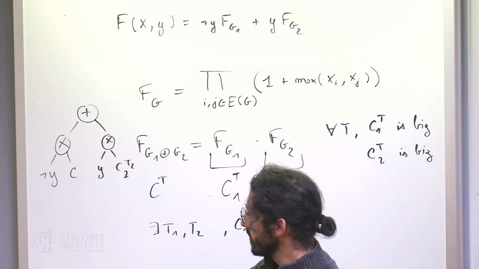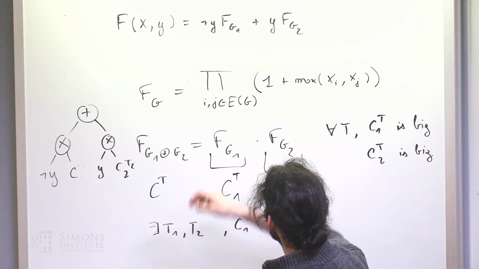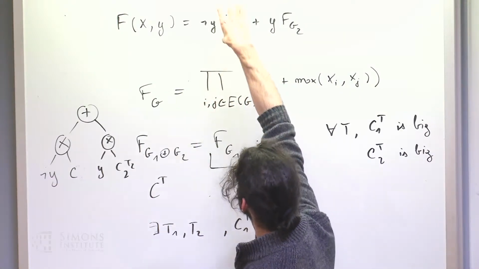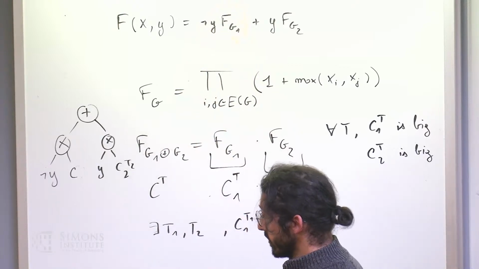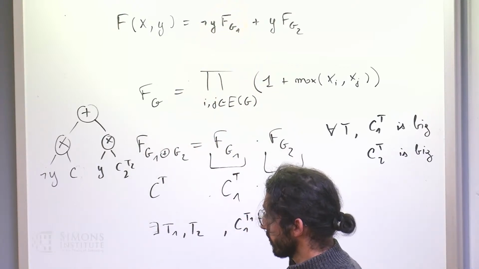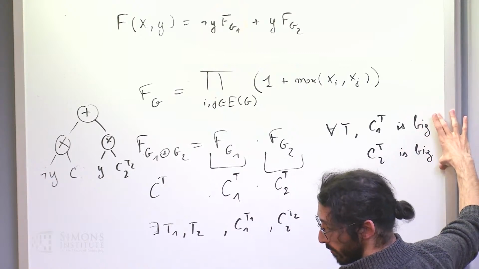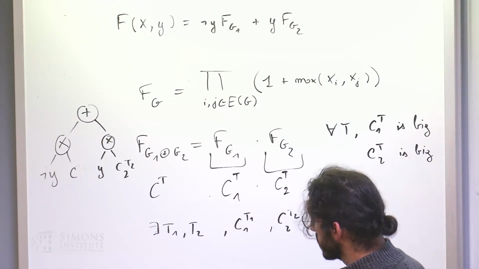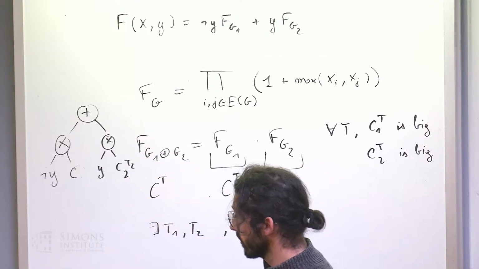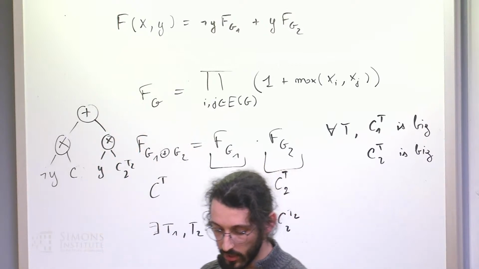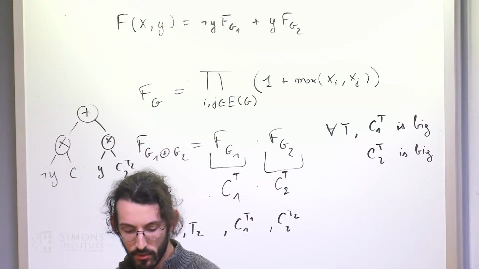If you condition it on y equals 0, then you obtain a circuit structured by the same V-tree that represents this one. Since the circuits obtained by this conditioning respect the same V-tree, you know it has to be large. So that means that your initial structured decomposable circuit representing this thing is exponentially large. And that's it. That gives you the separation.